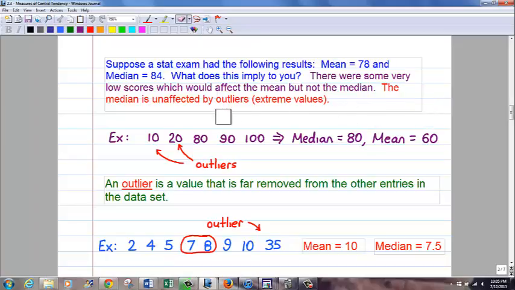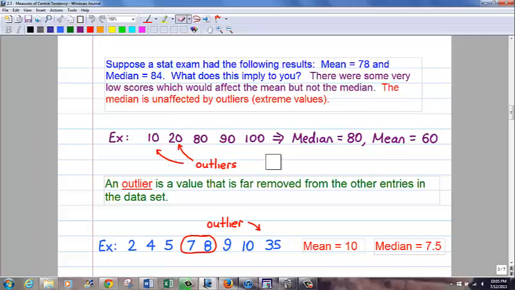So in other words, if you were to change any data value significantly outside of the median, you would affect the mean greatly, but you would not affect the median. For example, suppose you had the data set 1, 2, 3, 4, 5. The median would clearly be 3.